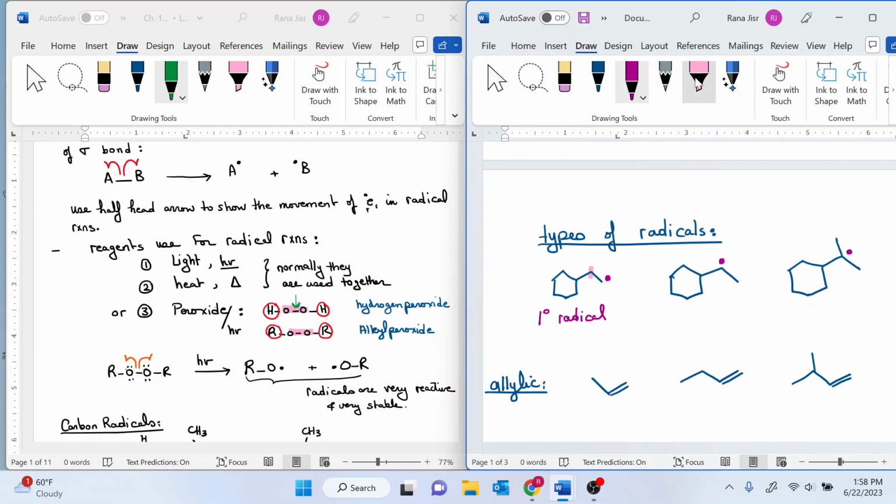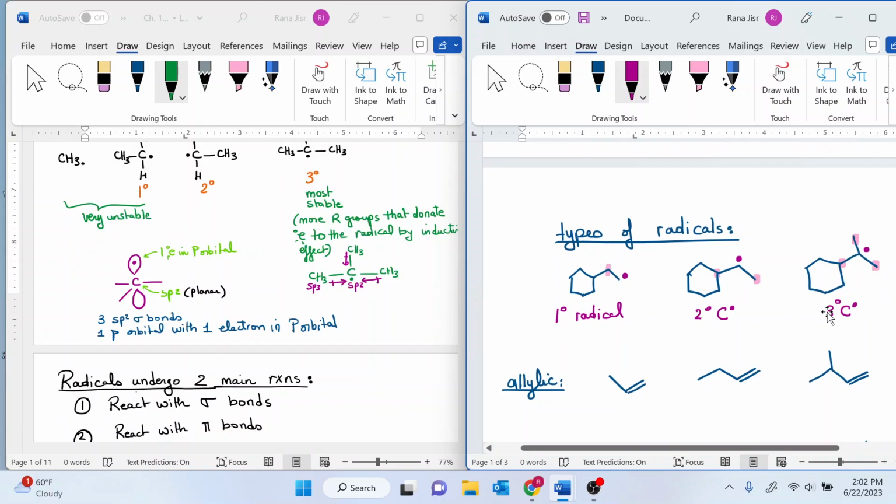This one over here has 2 carbons connected to it. Then this is going to be a secondary free radical, or a secondary radical. You can represent it by a carbon with a radical. And this one has 3 carbons connected to it. So it's going to be a tertiary radical.